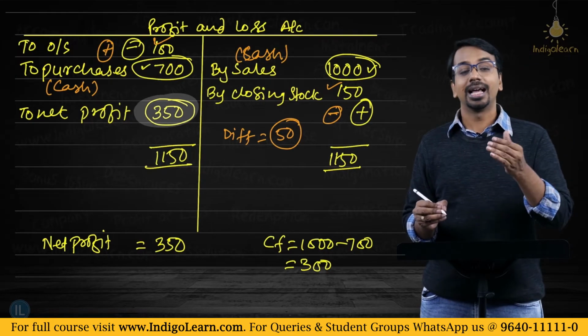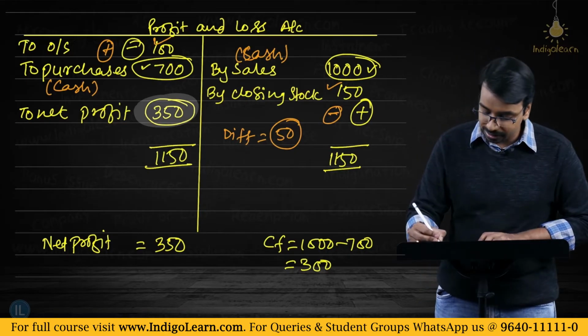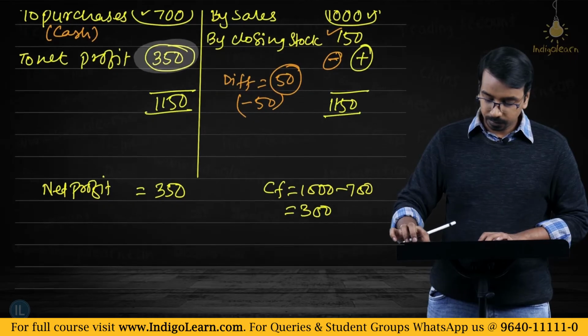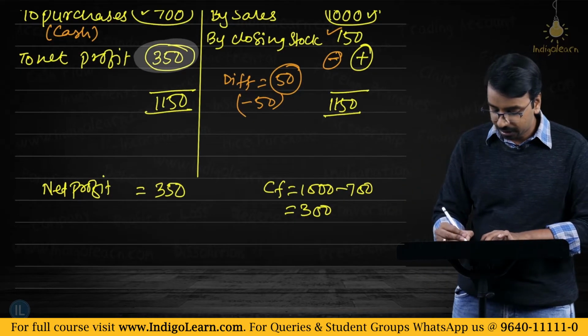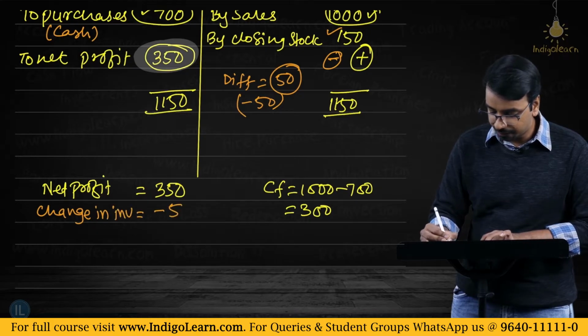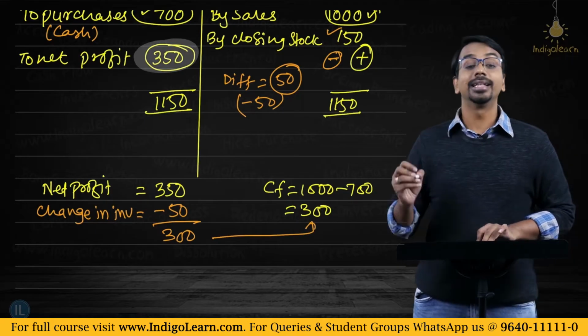In net effect, I will be reducing 50 because minus 150 plus 100 makes it minus 50. So, to this net profit of 350, if I adjust change in inventory minus 50, I get 300, which is nothing but equal to my cash flow.